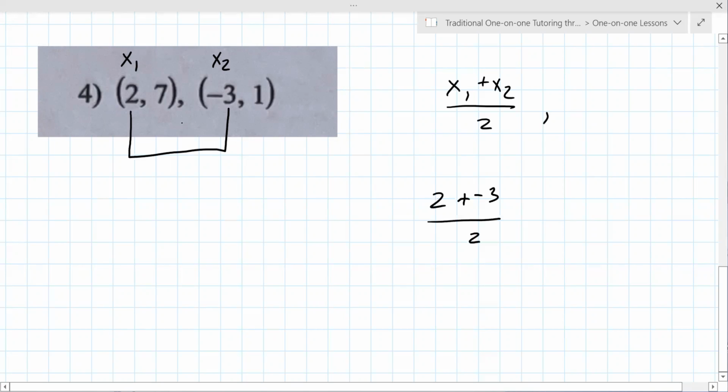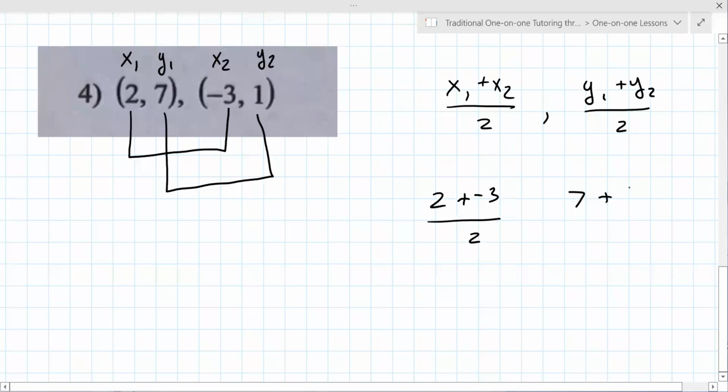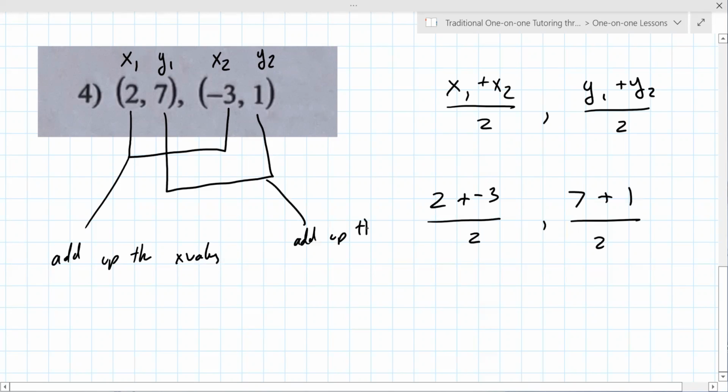Then you take the y values, y1 and y2. You add those up and divide by 2 as well. So that's 7 plus 1 divided by 2. Just like the previous problems, you add up the x values, and then you add up the y values.